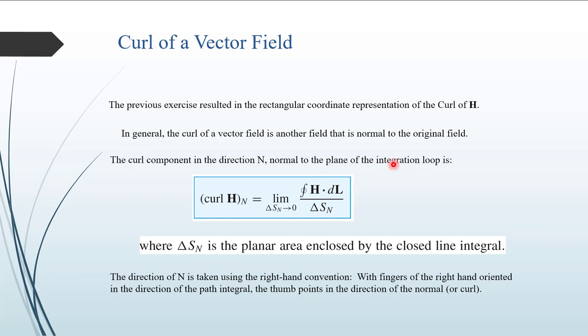The curl component in the n direction, that is normal to the plane of the integration loop, is given by limit as delta Sn tends to 0, Sn meaning surface area tends to 0, integration of H dot dl divided by that surface area, where delta Sn is the planar area enclosed by the closed line integral. The direction of n is taken using the right hand convention.